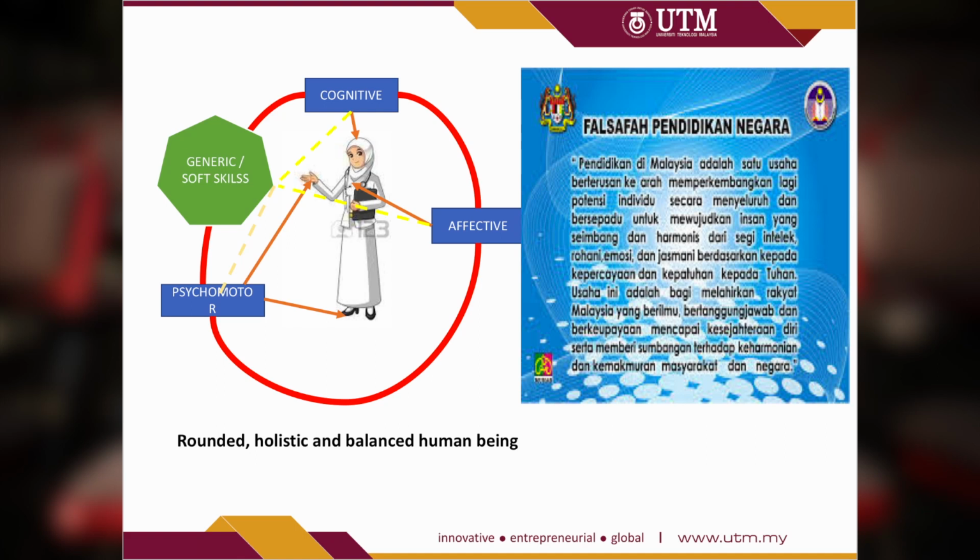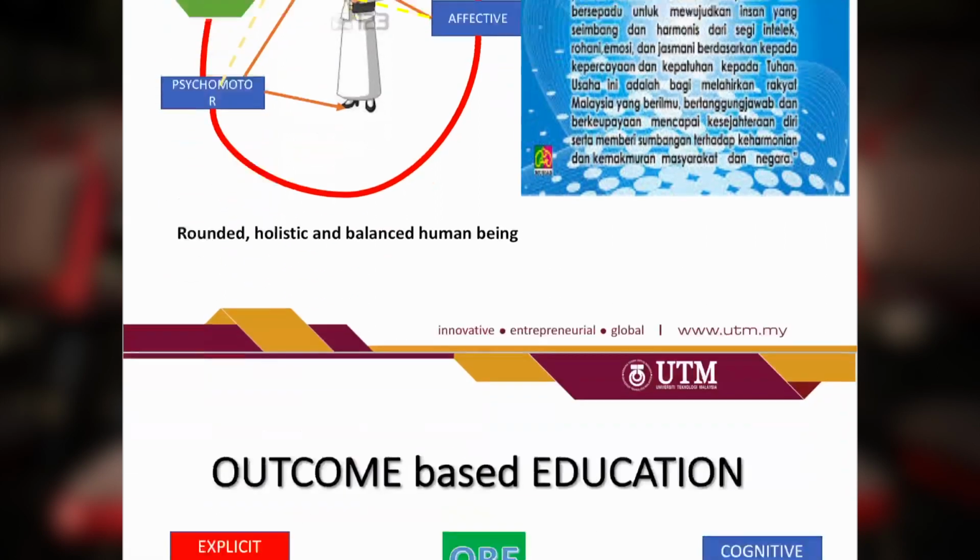The underlying principles and goals of the national education philosophy encourages the development of balanced, well-rounded, trained and skilled individuals who cherish the national aspiration for unity.